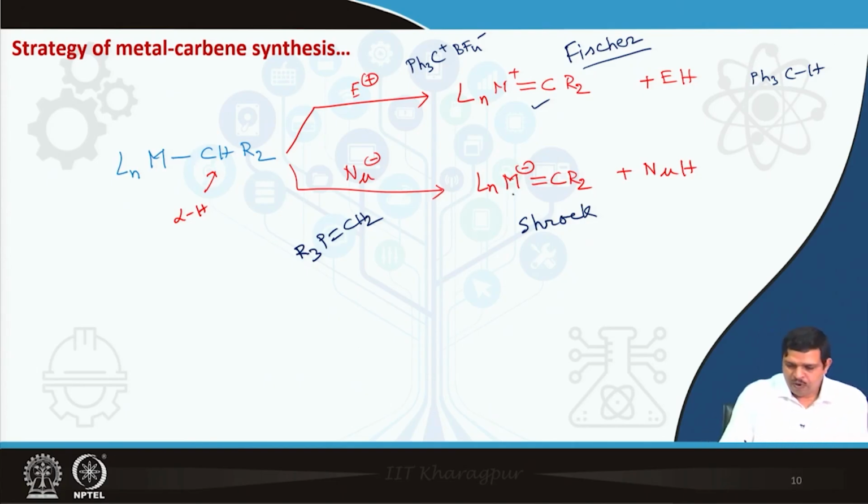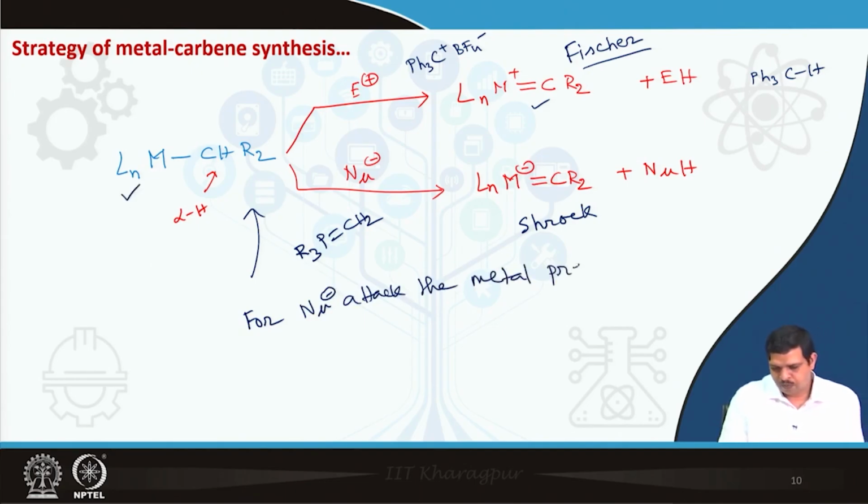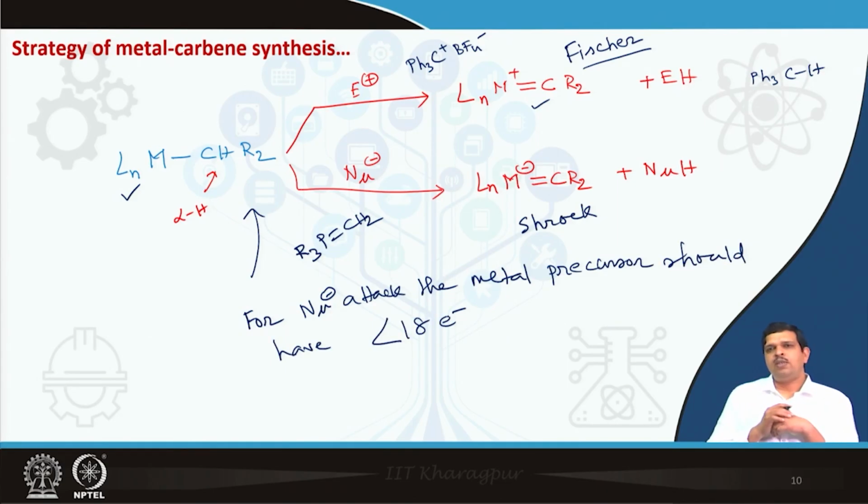That's why this one is the precursor for the Fischer complexes. For the second one, for nucleophile attack, the metal precursor should have less than 18 electrons, that is the total valence electrons.